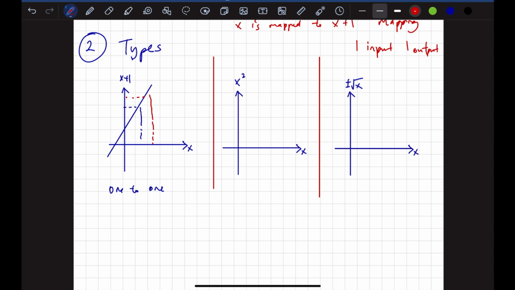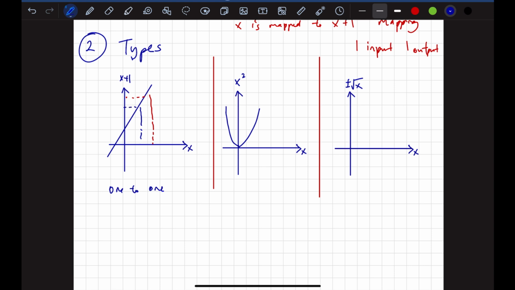Yeah? All right, next one, x and your output is x squared. I think you guys are quite familiar. This is a quadratic function. All right, maybe I just draw it very quickly like that. So this is a quadratic function, or before you understand function, we call it a quadratic graph, right?